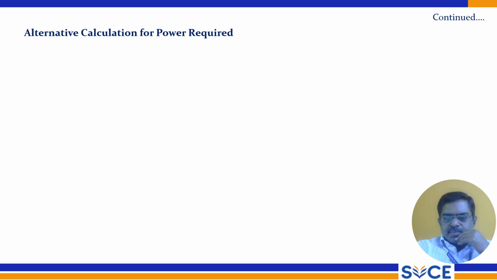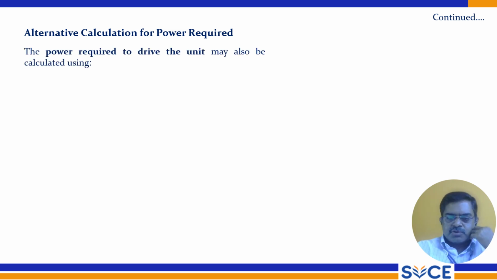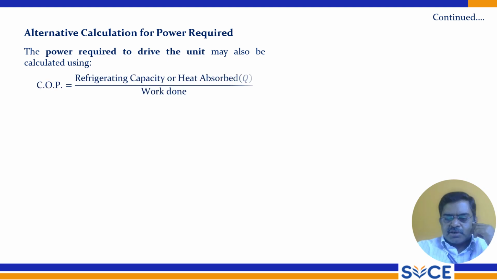The same calculation of power required can be done in another way also. This is the alternate method to solve this. The power required to drive the unit may also be calculated using COP. So COP is equal to refrigerating capacity or heat absorbed, that is Q, divided by work done. 1.674 equals 6 into 210 divided by work done.